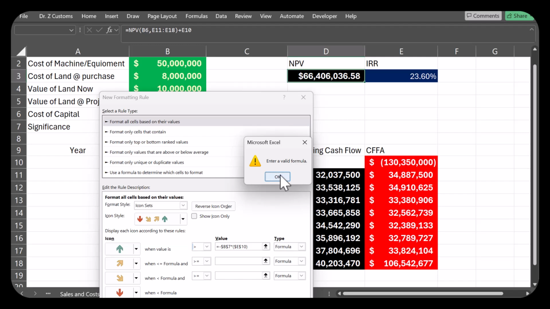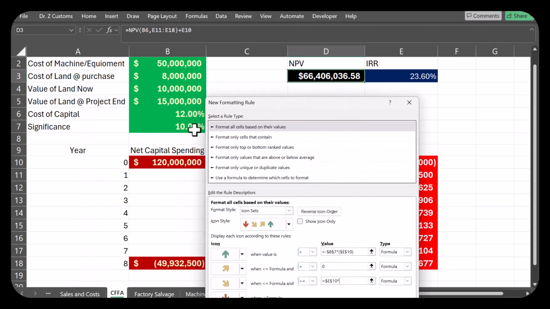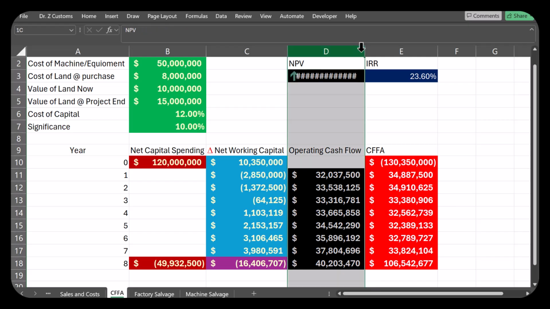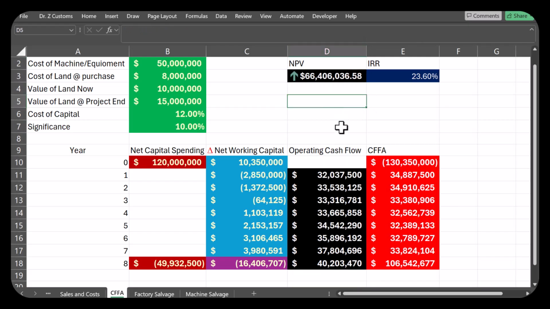Otherwise, if it's positive, otherwise, if it's greater or equal to that times that. Okay. So we know that it is pretty high number, so I don't have to worry about it.